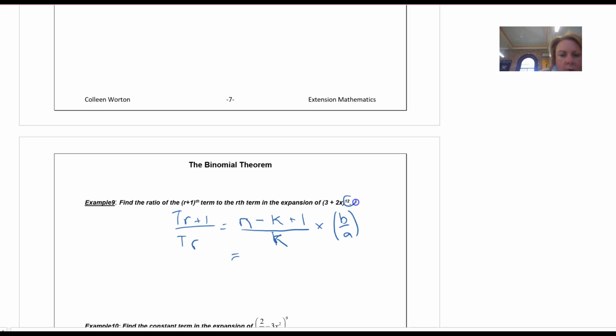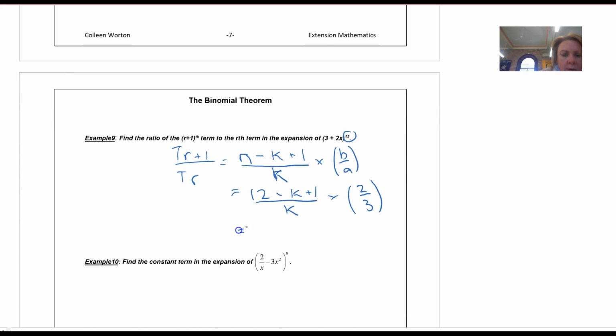Now n is 12. K we don't know, but b is 2 and a is 3. So it's 13 times 2, which is 26 minus 2k on 3k.